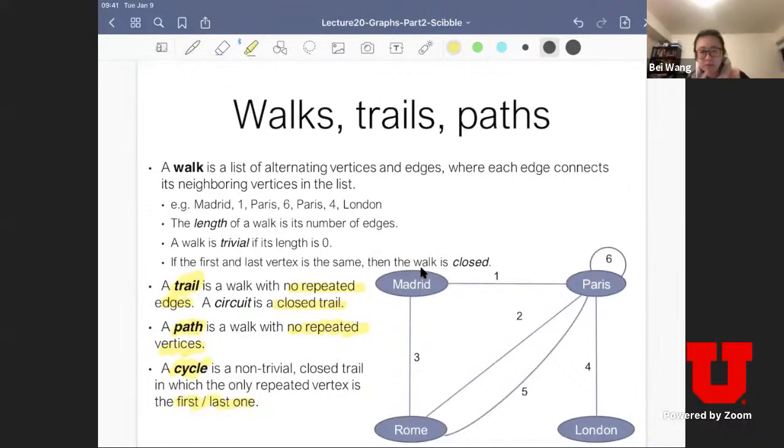Okay, so let me take it back. A path is a walk with no repeated vertices. You have to be careful there, because if you allow repeated edges, most likely you will end up with repeated vertices. Let's see if we see any examples for the remaining of the talk.